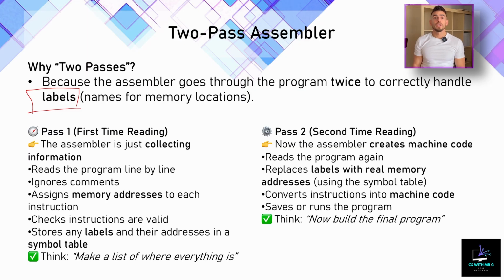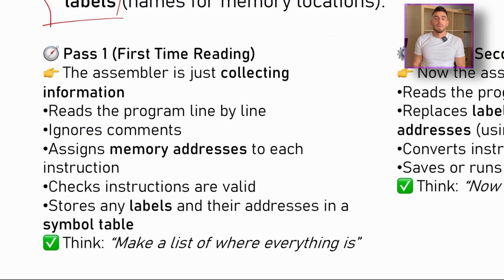Now, to understand what's going on and to answer a typical exam style question, we need to explain what's going on in detail during each pass. So the first pass, which is the first time the instructions are read, the assembler is simply collecting the information, going through line by line, ignoring any program comments, and assigning any memory addresses for each of the instructions.